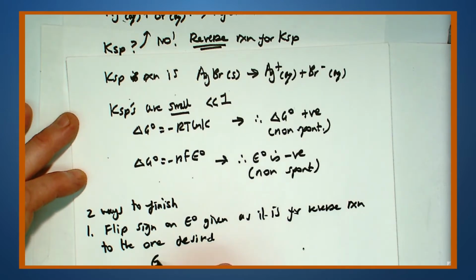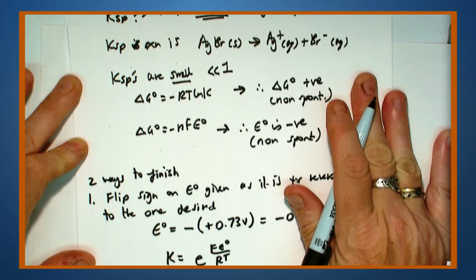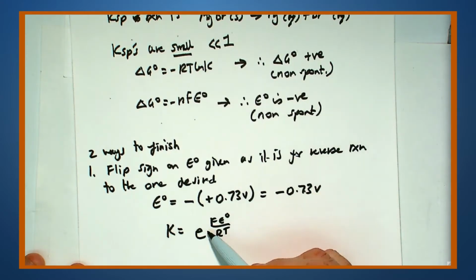So that would be E0 equals negative the value that I'm bringing from the top of the page, plus 0.73 volts. So that's minus 0.73 volts. And then we can do K equals e to the minus F E standard over RT. Well, that's exponents, e to the power of all this. And that 0.73 volts will go right in there.